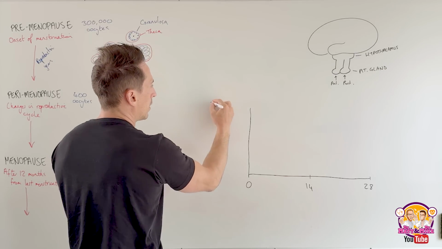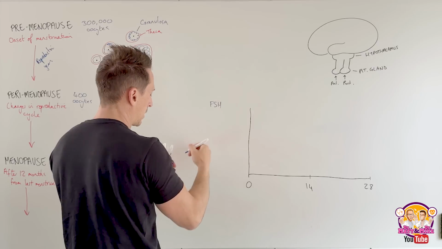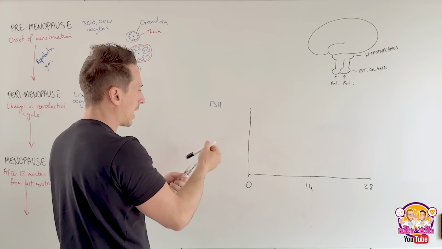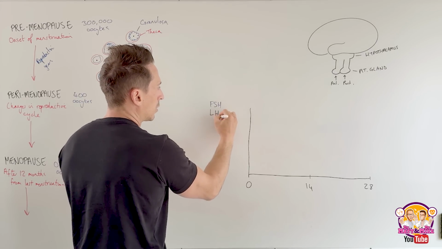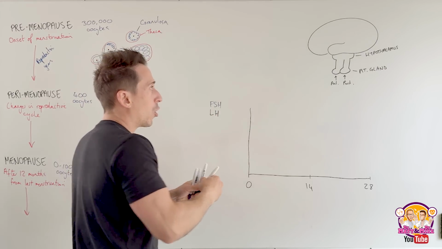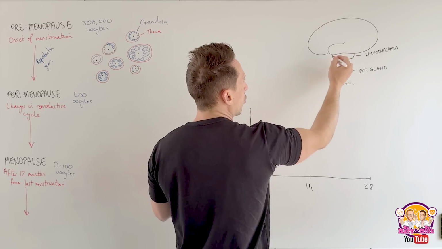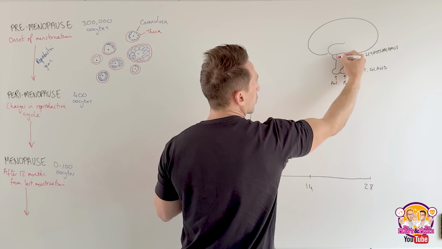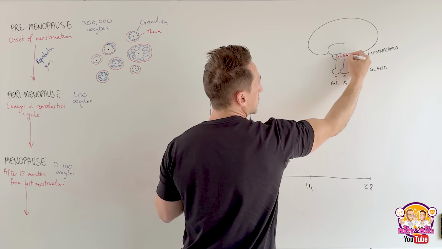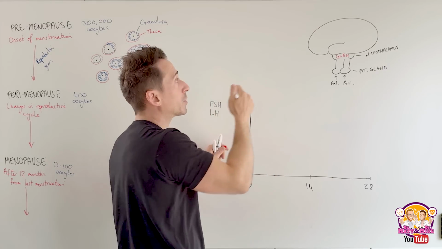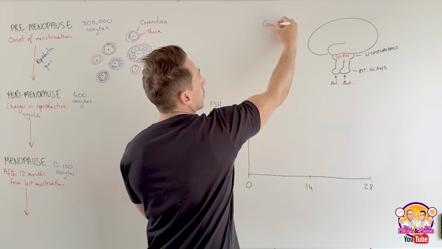We have follicle stimulating hormone, and we have luteinizing hormone. Now, the hypothalamus releases a really important hormone called gonadotropin releasing hormone.